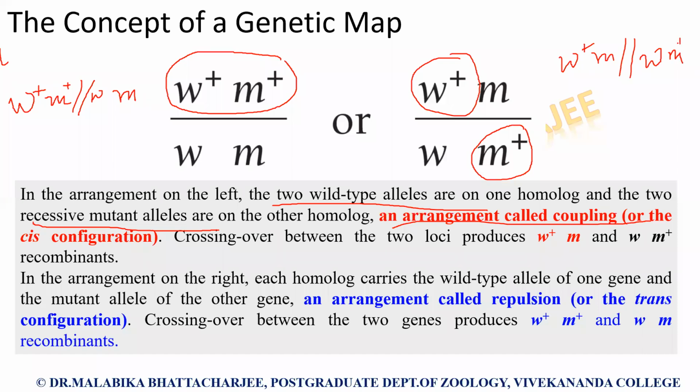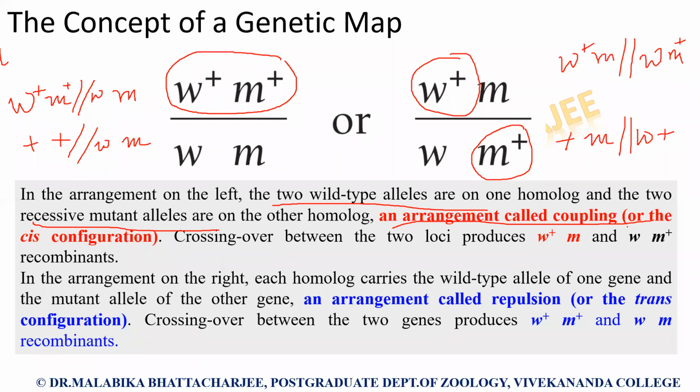This is how we may write it, or there is another way of writing it also, plus, that means wild type for both the genes, W M, or in this case we may write it as plus M double slash W plus. So these are the various ways of writing the allelic configuration in two different homologues.